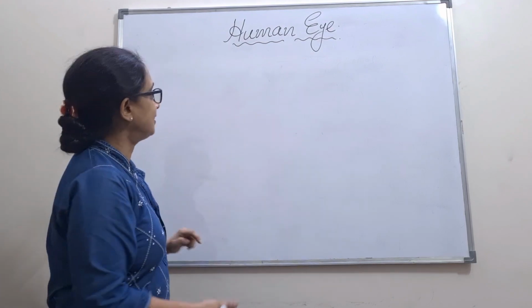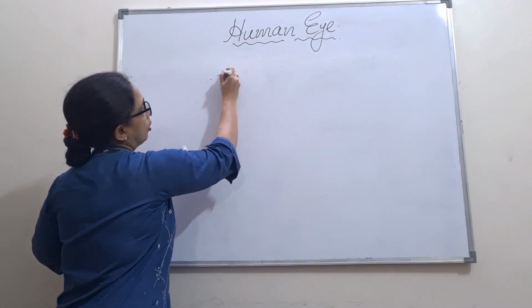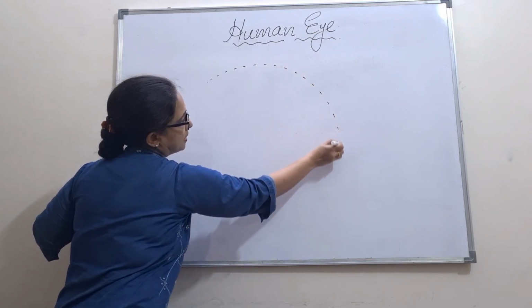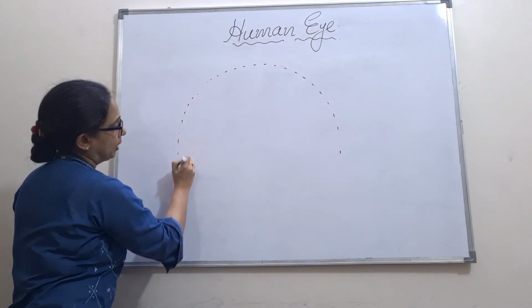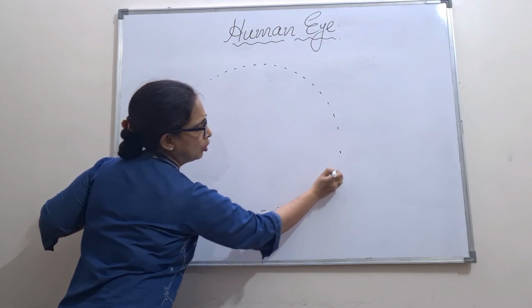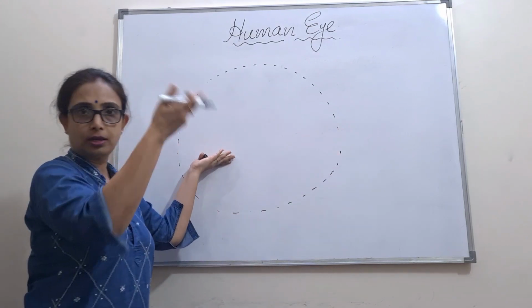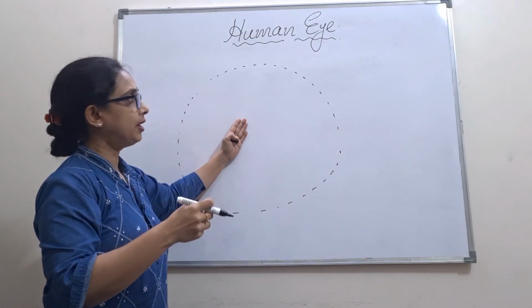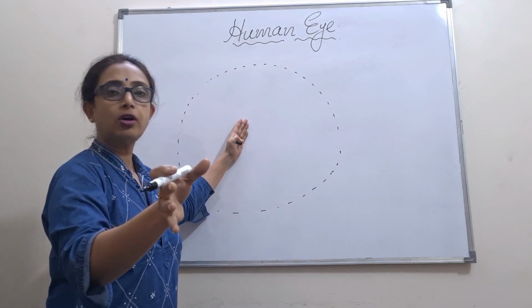So let's get started. You all draw a circle. In the same way I am also drawing a circle. This is a normal circle. I used dotted lines to draw it. You can very well draw it with the help of your compass.